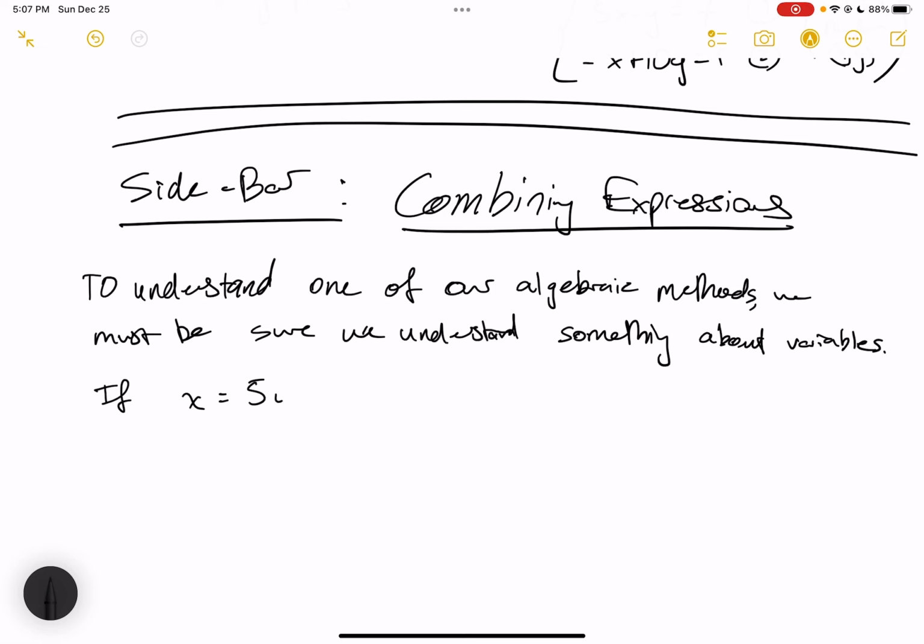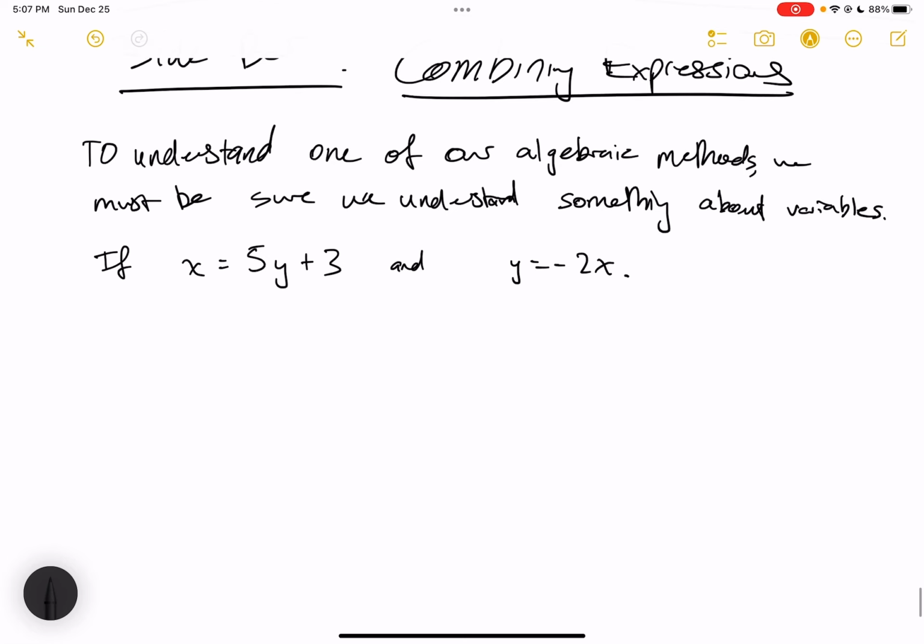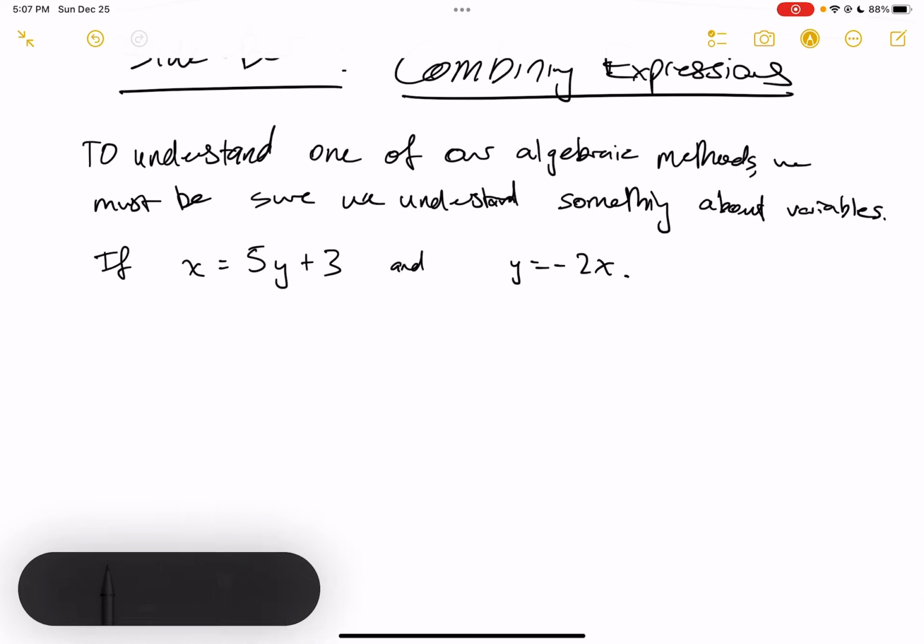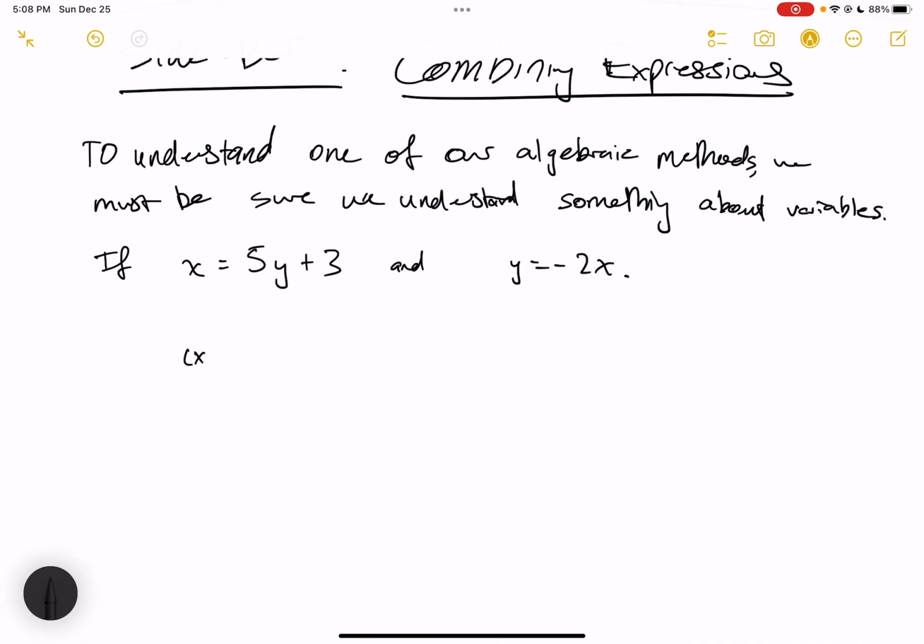Let's say we have that x equals 5y plus 3 and y equals negative 2x. And we know that these two are connected to each other. Say they're a system. I'm going to write them out this way for right now. One thing that we can note right here is that this first equation is x equals stuff with y.